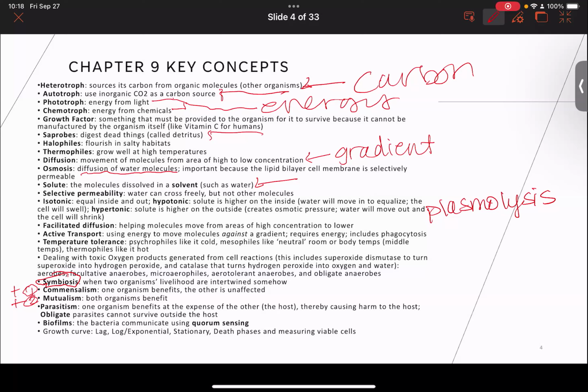If you're having formula, it can come from probiotics or bacteria that could be added in with certain formula. So you should always have probiotics involved in your formula if you're giving your baby formula. Otherwise you could have issues with their poop and their digestion, things like that. So it helps with that gut health and ability to digest things that you wouldn't be able to otherwise. That's mutualism. That's us benefiting from the bacteria in our gut and them benefiting from us. It's a win-win. So mutualism is our win-win.